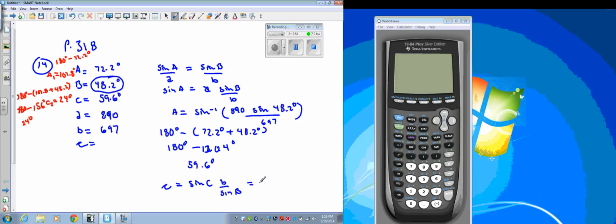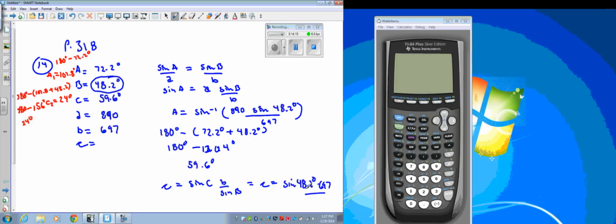So this is going to be C equals sine of 48.2 times 697 over sine of... I did this wrong.